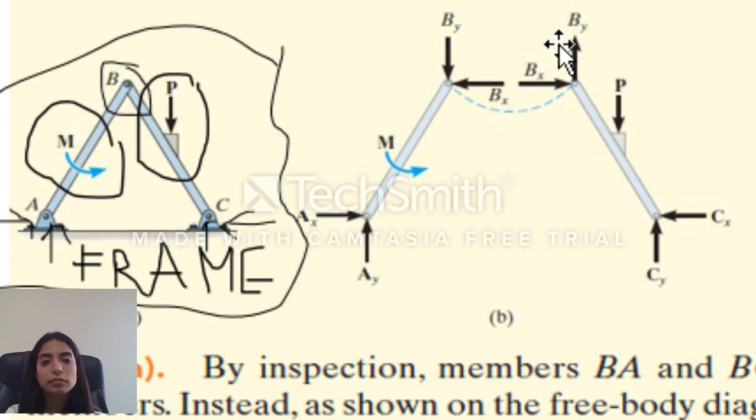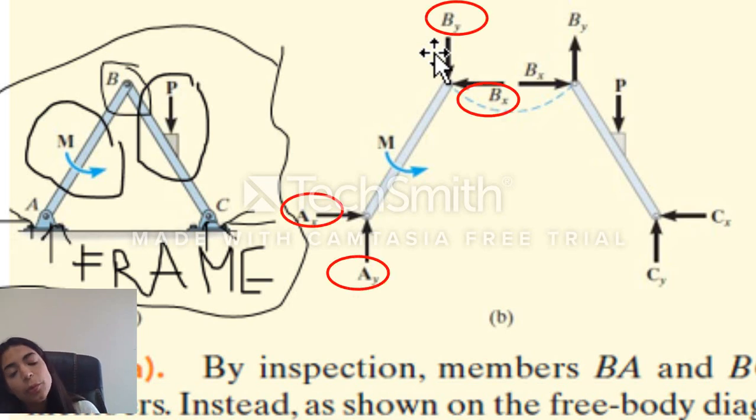Now, guys, what are the consequences of separating these members? Can I solve now my system? If I take the first member AB, I still have four unknowns, AX, AY, BX, BY.